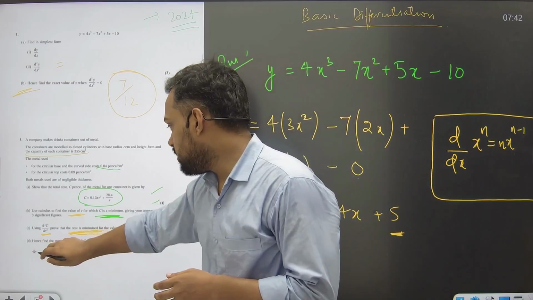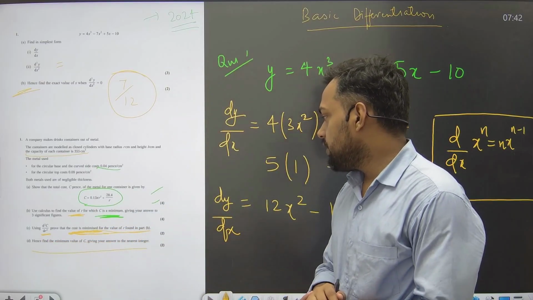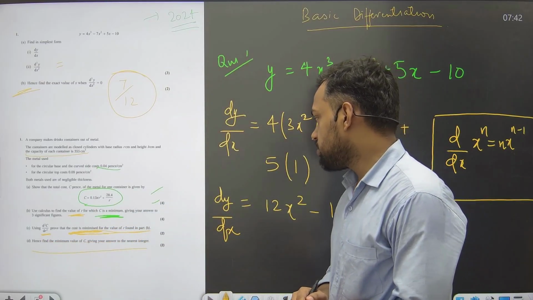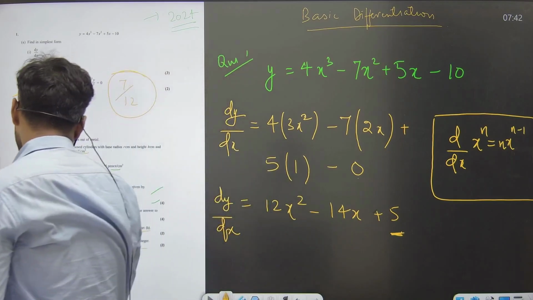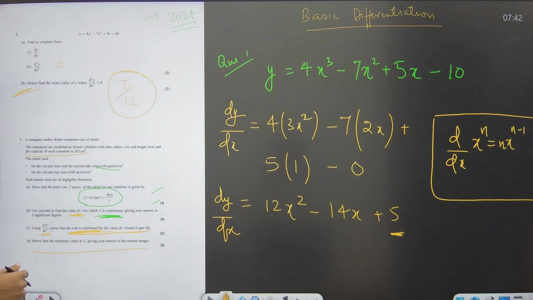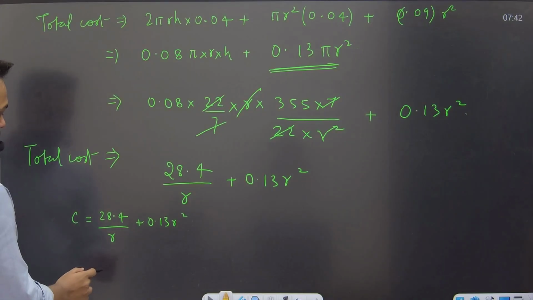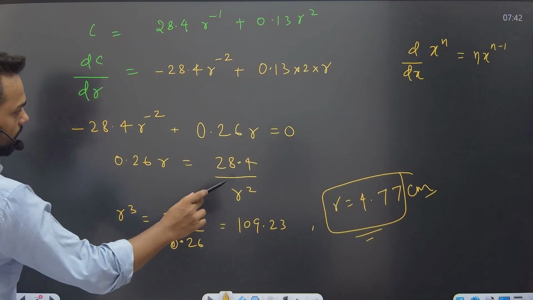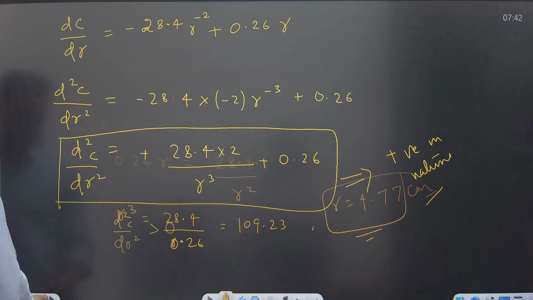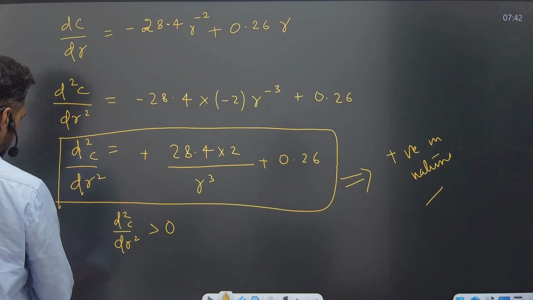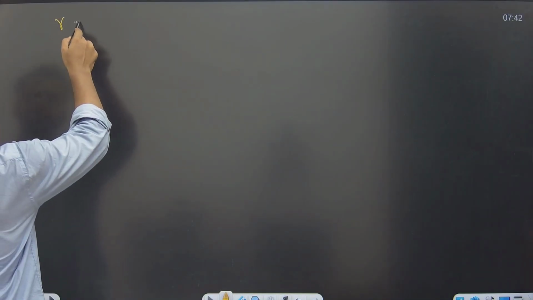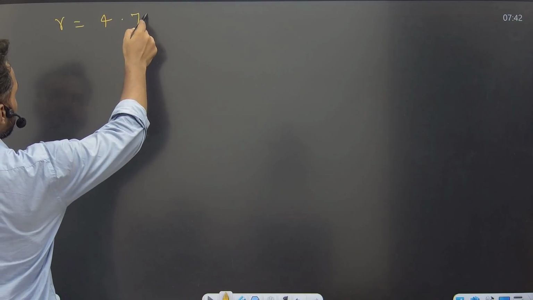Now, hence find the minimum value of C, giving your answer to the nearest integer. So let's do this part. We have calculated r as 4.77.